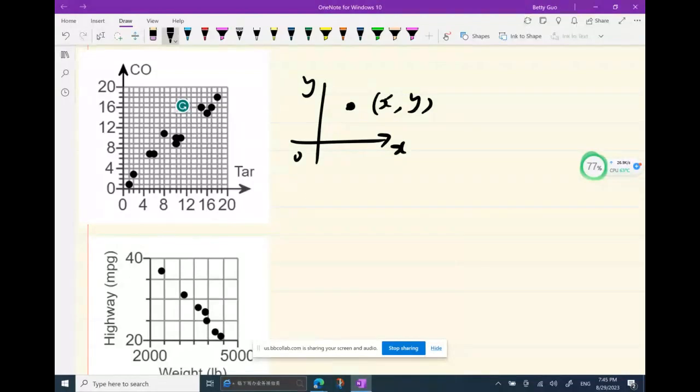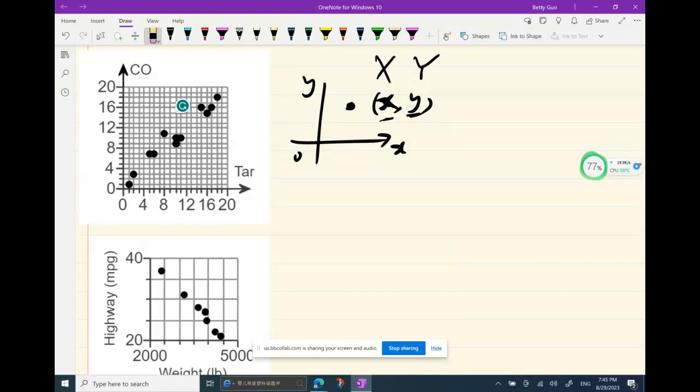And that gives us a way to study the relationship between two variables. The first component would be the values of the first variable, and the second component would be the values for the second variable. And we use a scatter plot to see if there is a certain relationship between the two variables.